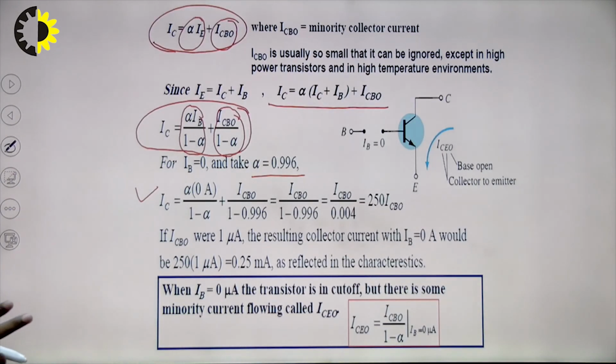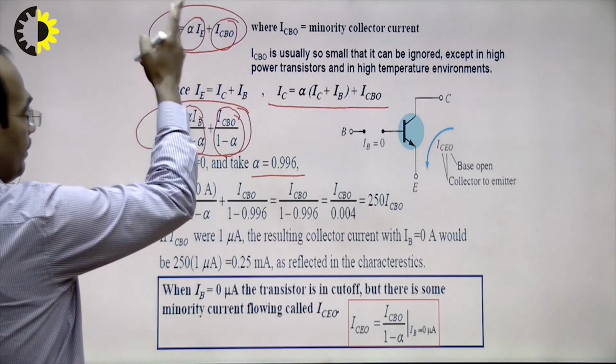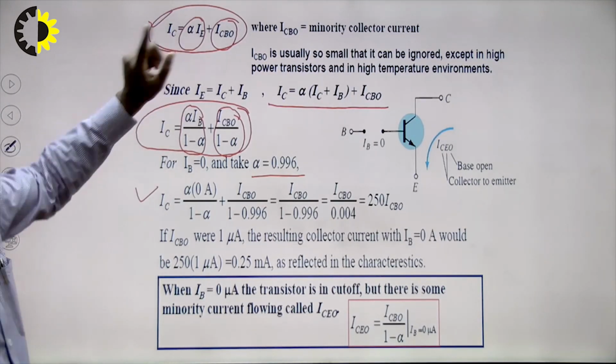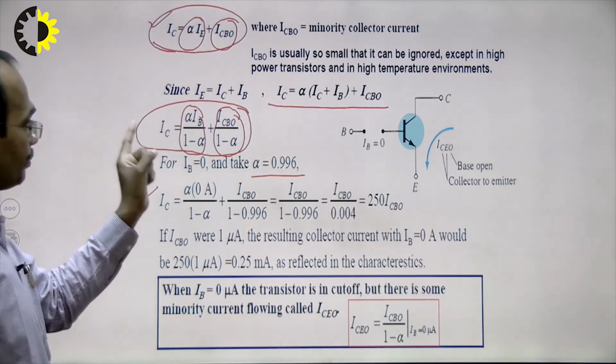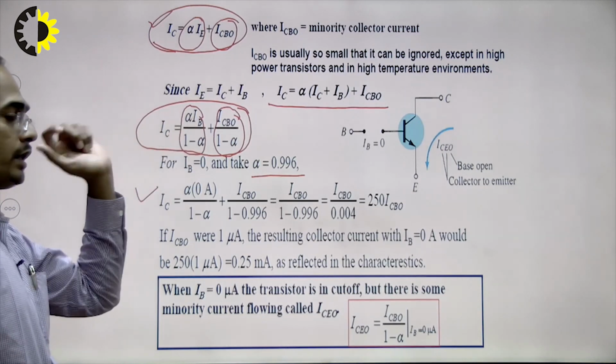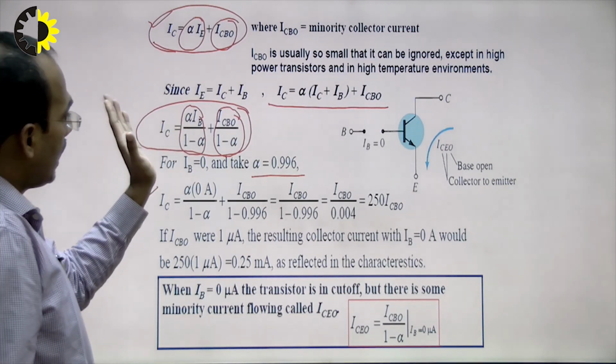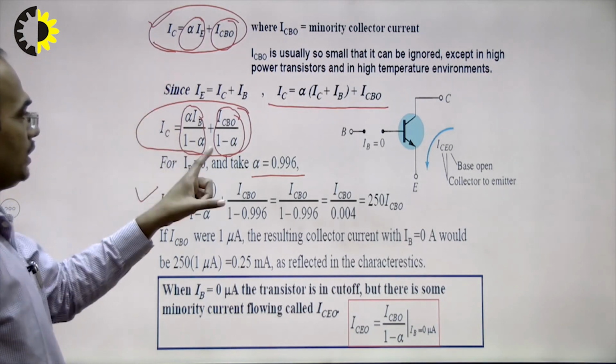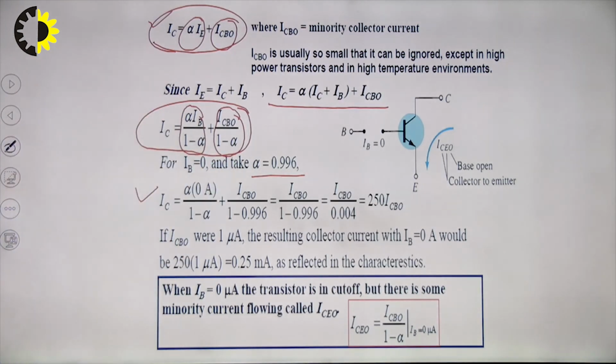In the common base configuration, the output current was IC but the input current was IE. In this case the output current is IC and the input current is IB. So IC is equal to alpha by 1 minus alpha times IB plus ICBO upon 1 minus alpha.